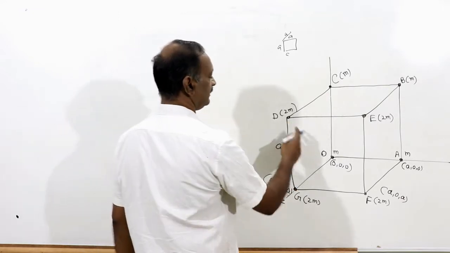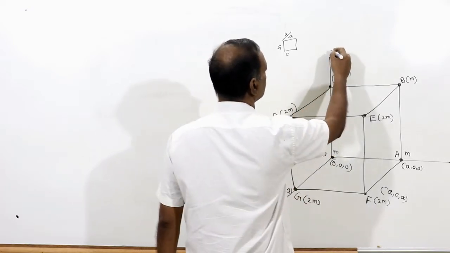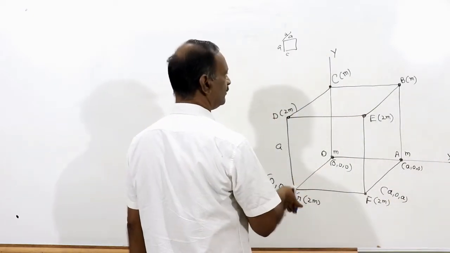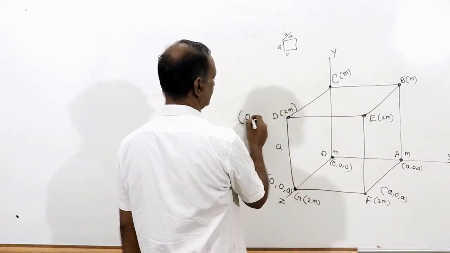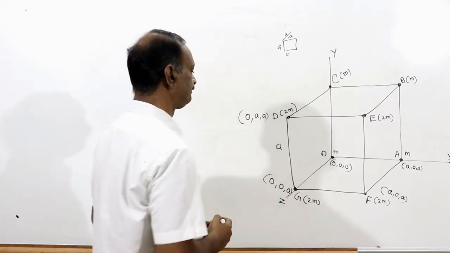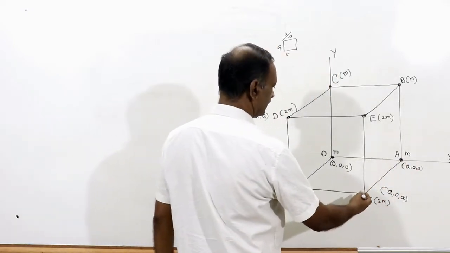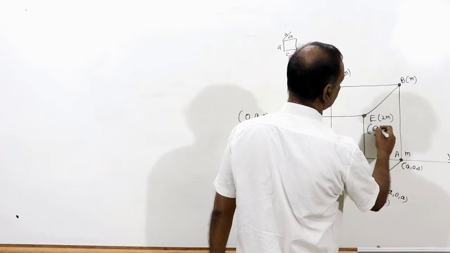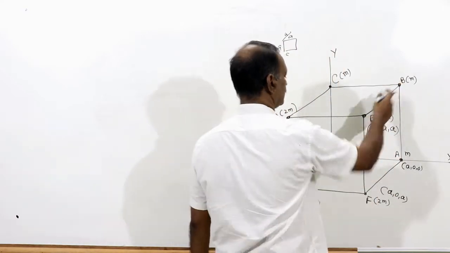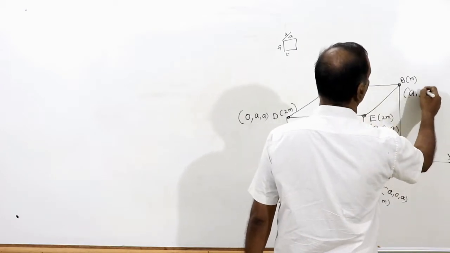About this point, this is y, this is x. You are moving along z and along y. It means 0, A, A. For this coordinate, you are moving in x, z, and y also: A, A, A. For this coordinate, you are moving in the x direction A and y direction 0, so A, A, 0.